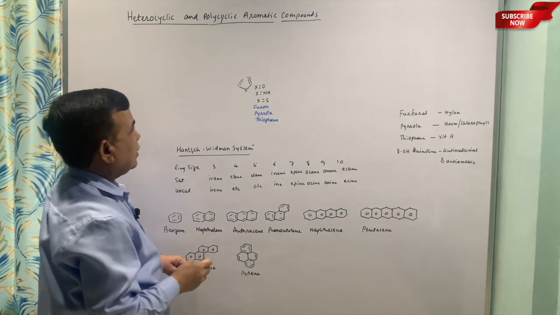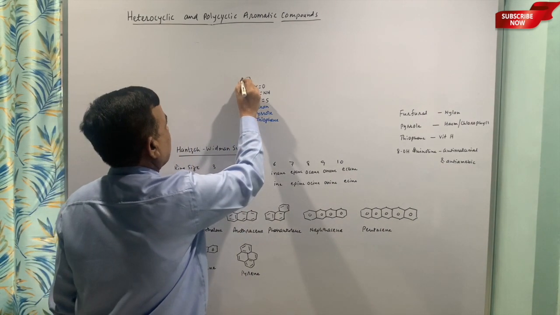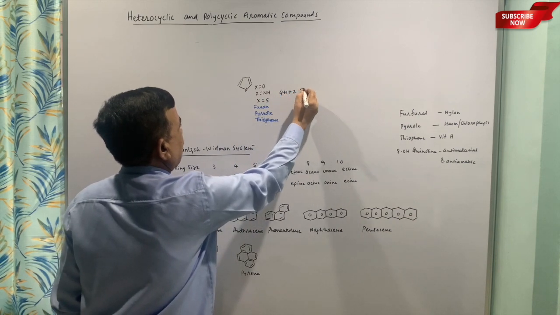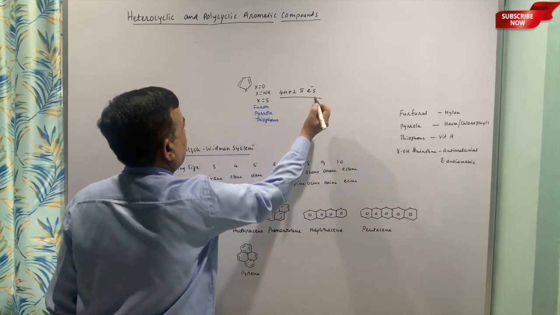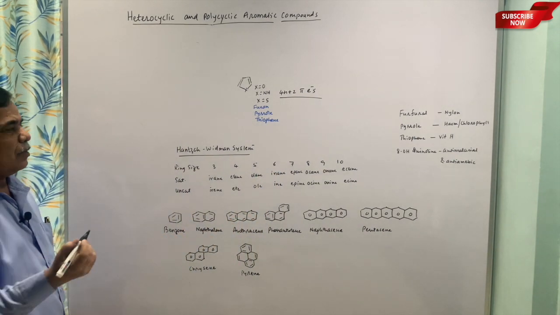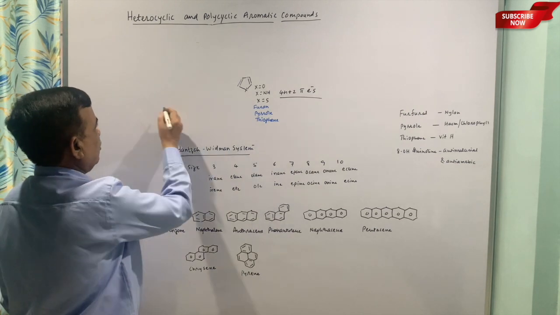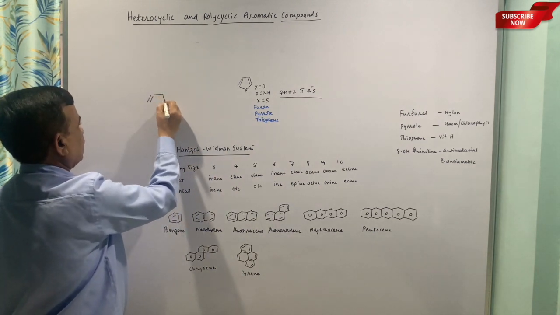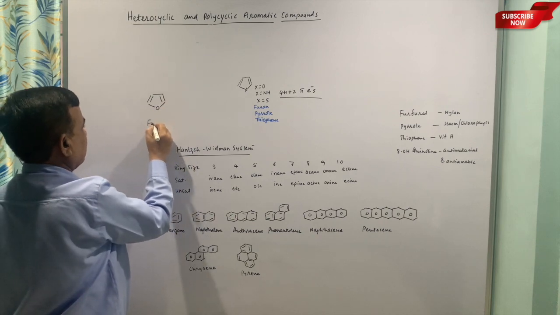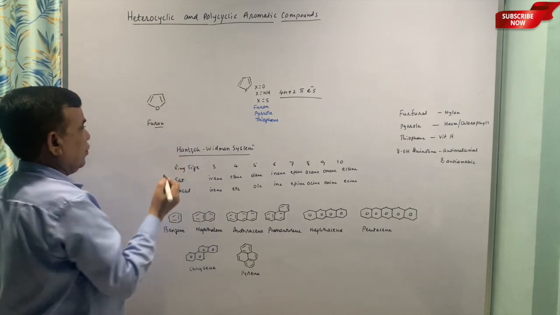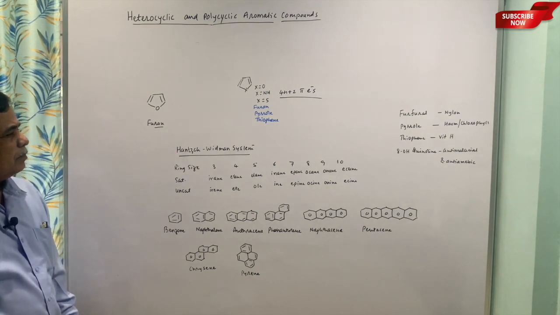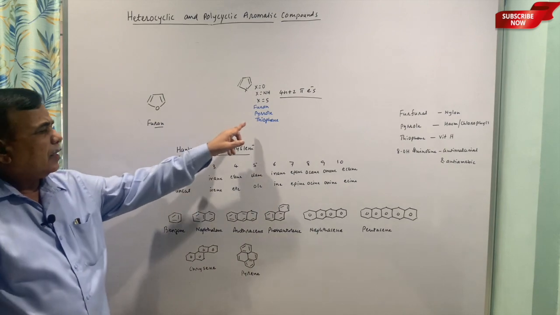Now, this lone pair is available for donation, and according to Huckel's rule, it has got 4n plus 2 pi electrons, 6 pi electrons. So, for n is equal to 1, this is aromatic. So, these compounds, let me put the first example. This is furan, pyrrole and thiophene.